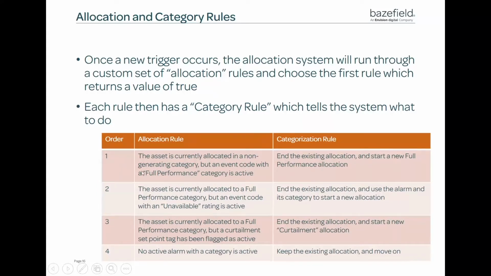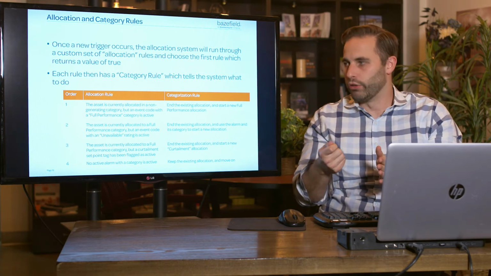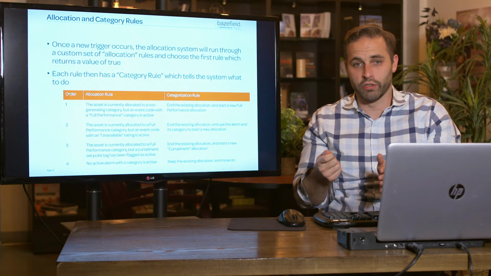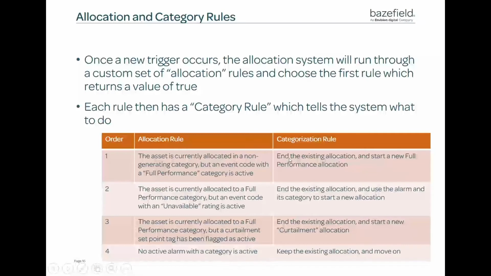The first one being, let's say in normal speak, the asset is currently allocated in a non-generating category, i.e. the asset is down, but an event code with a full performance categorization becomes active. So this means the machine is down, but now a new alarm code is telling me the machine is running and operational. From there, the system will then act on the category rule and the existing allocation of the outage and switch to a full performance state.